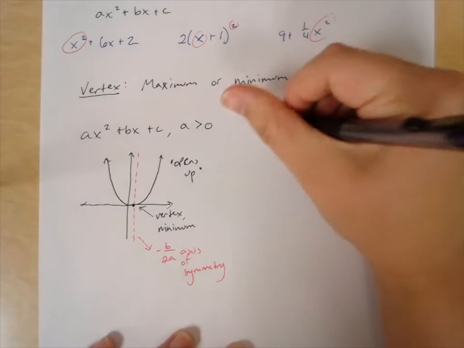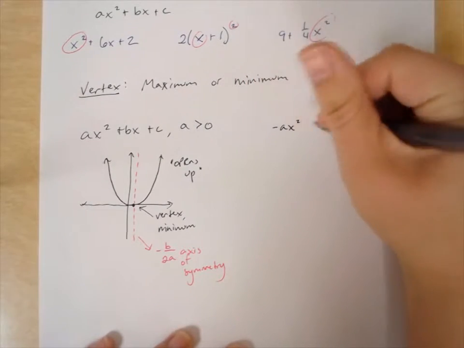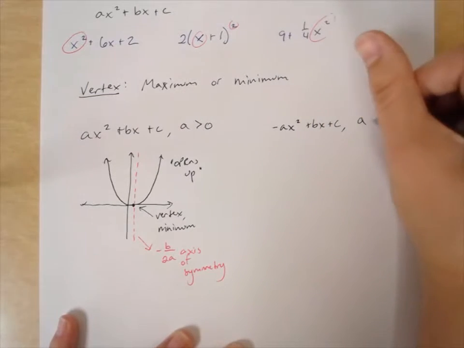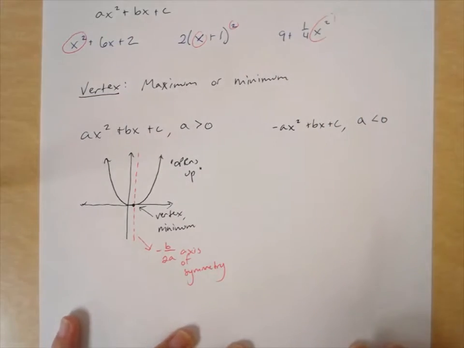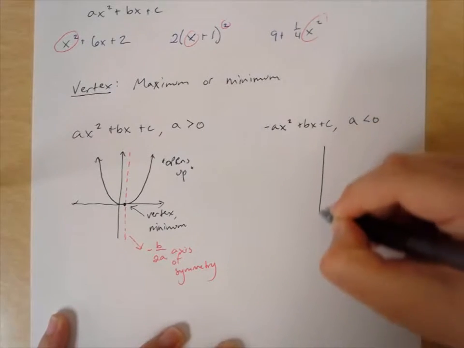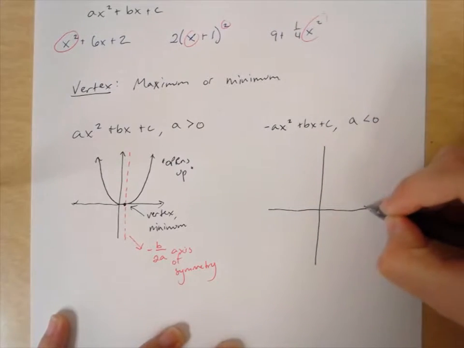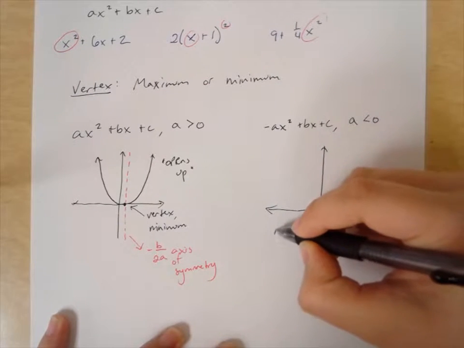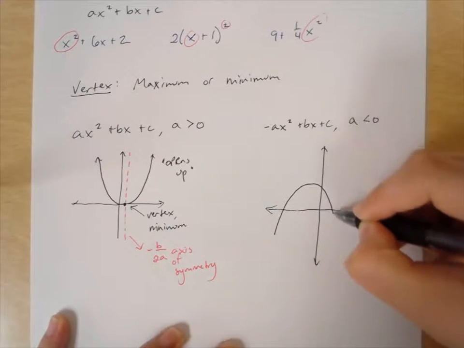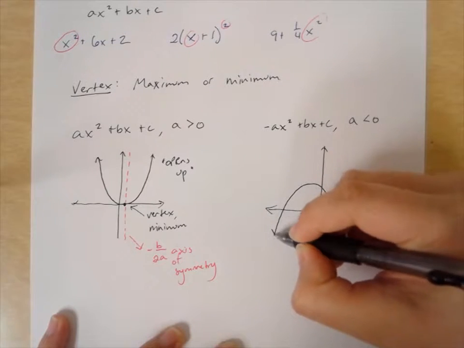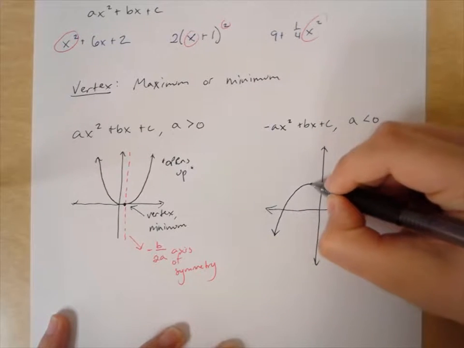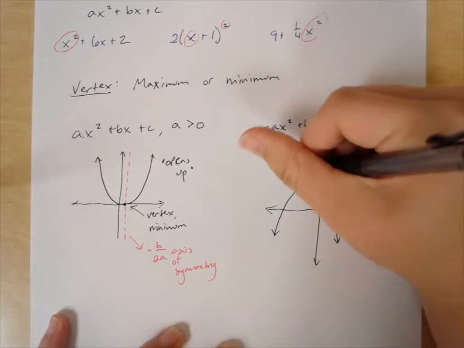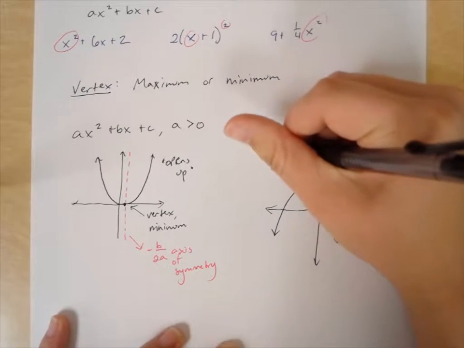Similarly, we can also have a negative ax squared out front: negative ax squared plus bx plus c. In this case, a would be less than 0. That means that our parabola would be opening down, and this is what it looks like for a parabola to open down. We'd have that U shape going like this. Right here at the very top of it we would have our vertex again.